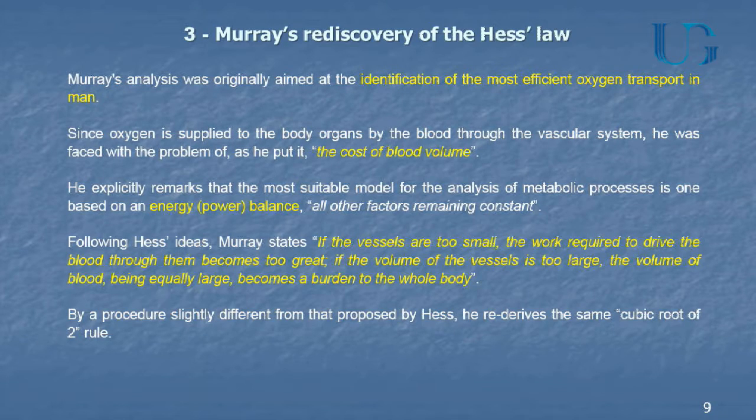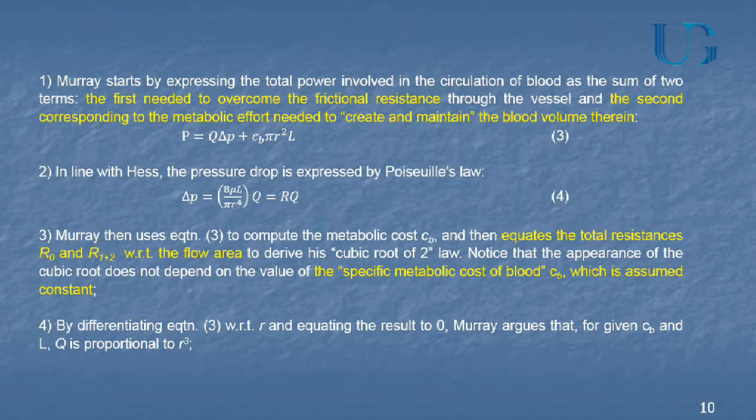He did that. First of all, he writes what he calls an energy balance, which is really a power balance. It's in watts. This is the total power consumption for the circulation of blood in a pipe of length L and radius R. This is the pumping work.